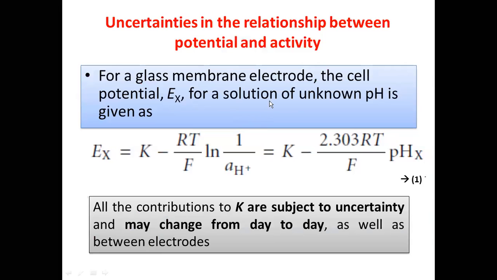Say for example, how to eliminate these uncertainties while measuring the potential which has a relationship with the activity. Let me take an example. For a glass membrane electrode, we will be measuring the EMF, that is Ex, for any unknown which has an unknown pH, and the Nernst equation can be written in this fashion.